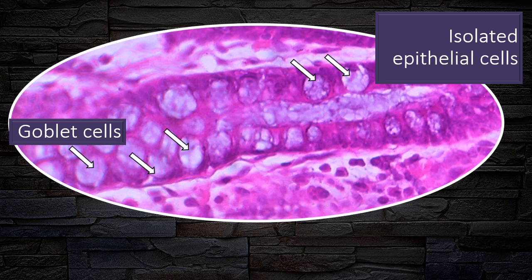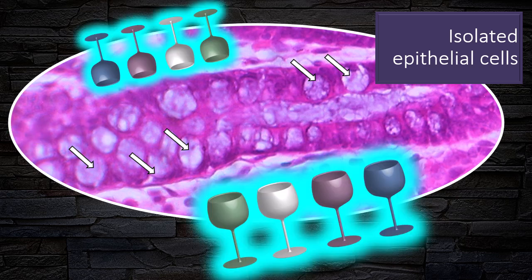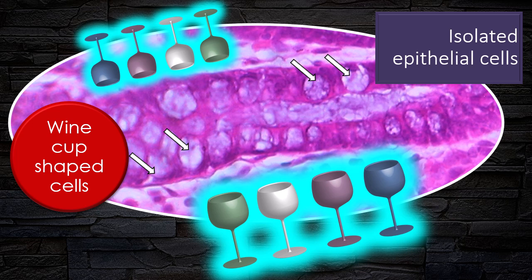These goblet cells appear like wine cups. They are wine cup shaped cells, and they have the appearance of a completely evacuated cell or a ghost appearance. This is because they contain mucus, and this mucus is washed out during the secretions.